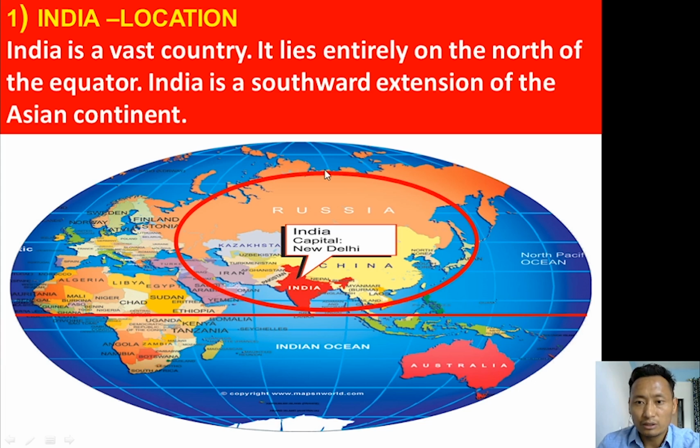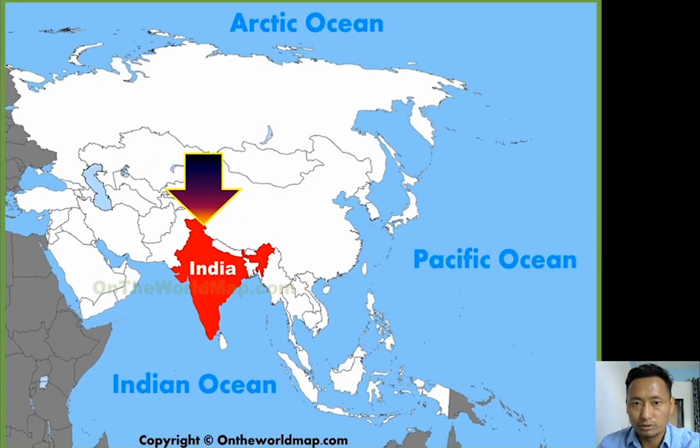Inside this circle are the countries of Asia. If we talk about the location of India in Asia, India is located at the south of Asia, or we can say India is a southward extension of the Asian continent. That is the location of India in Asia and in the world.